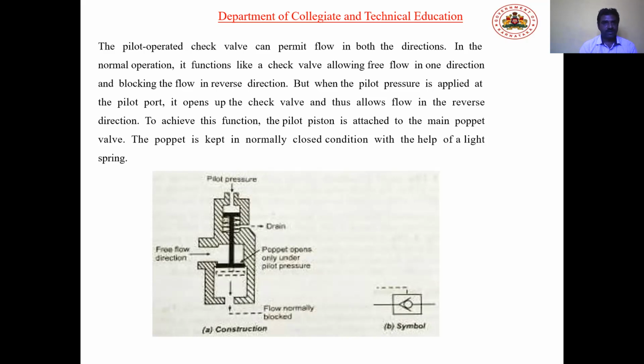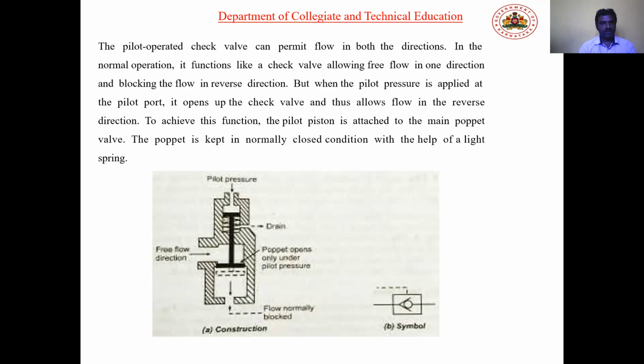In the normal position, it functions like a check valve, allowing free flow in one direction and blocking the flow in the reverse direction. But when pilot pressure is applied at the pilot port, it opens up the check valve and thus allows flow in the reverse direction also.